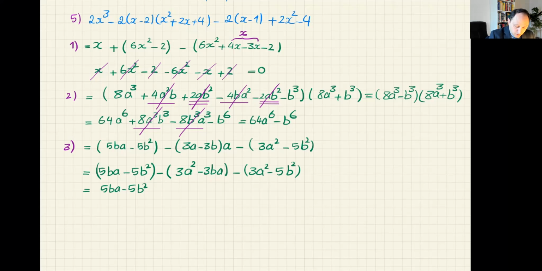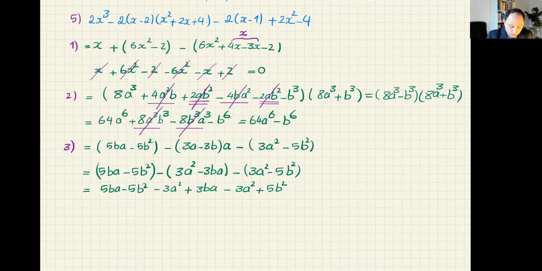So then it becomes minus 3a squared, but the other one becomes positive 3ba. And the same is true for the next one. It becomes minus 3a squared, but positive. I have seen students sometimes forget to multiply the negative sign to the other terms. So you need to be careful in that regard as well.